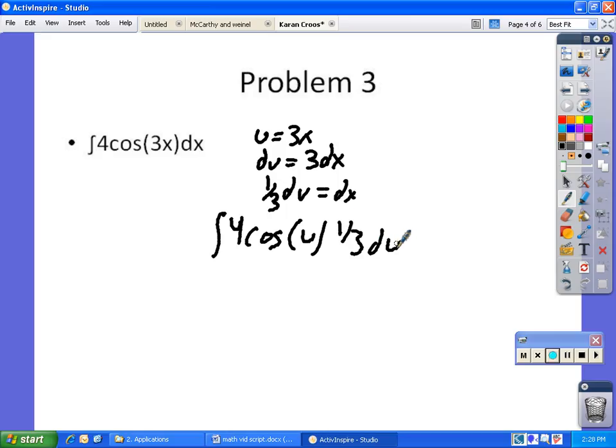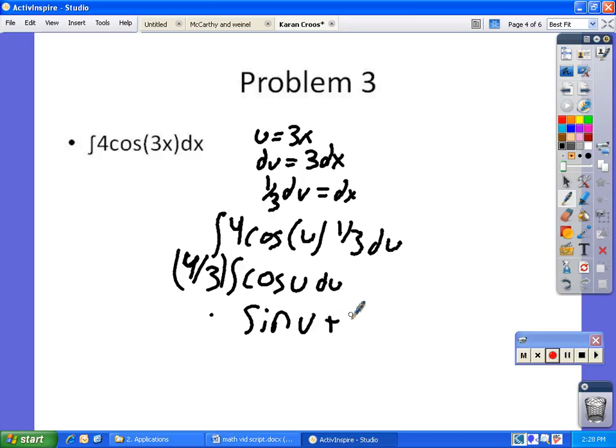We take out the 4/3. Cos u du. And then we take the integral of cos u, which is sin u + c, multiplied by 4/3.